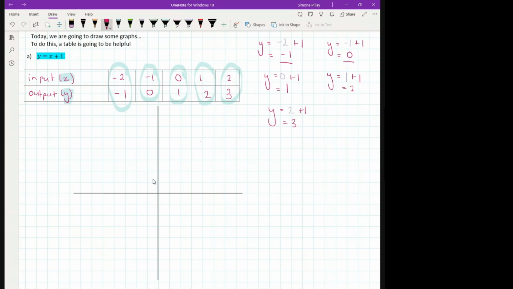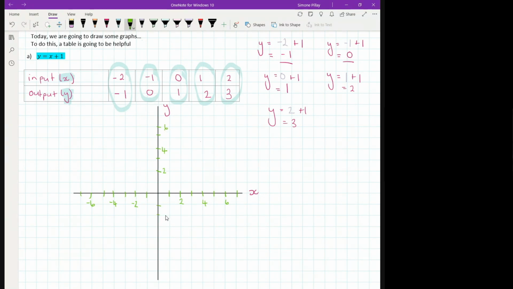So first things first, I'm going to label my graph X and Y. I'm going to number it: 2, 4, 6, and then 1, 2, 3, 4, 5, 6, 7, and this is going to be -2, -4, -6, and then this is going to be 2, 3, 4, 5, 6.